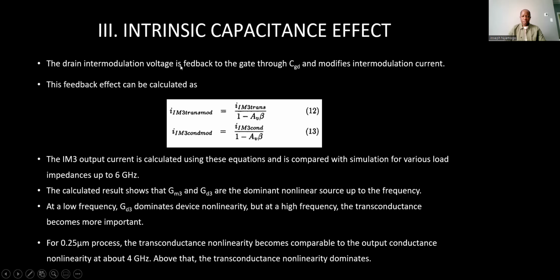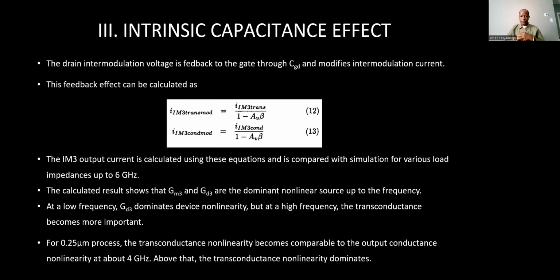The drain intermodulation voltage is fed back to the gate through CGD and modifies the intermodulation current. This feedback effect can be calculated as equation 12 and equation 13. The IM3 output current is calculated using these equations and is compared with simulation for various load impedances up to 6 gigahertz.